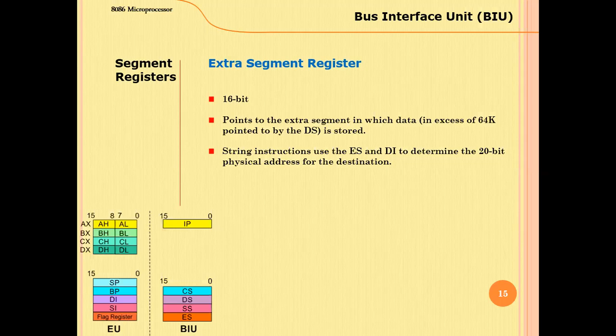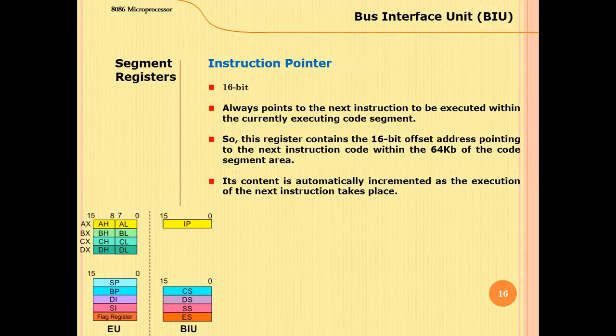Because of ES and DI or some offset, we can have the 20-bit address to access a particular operand in the extra segment of the memory. So with this, the 4 segments are completed.